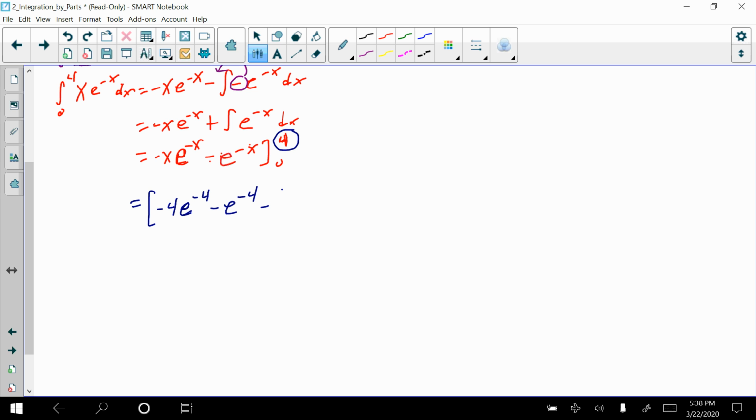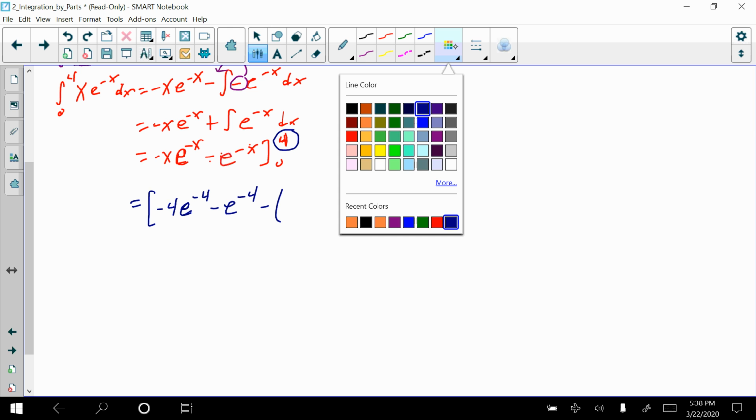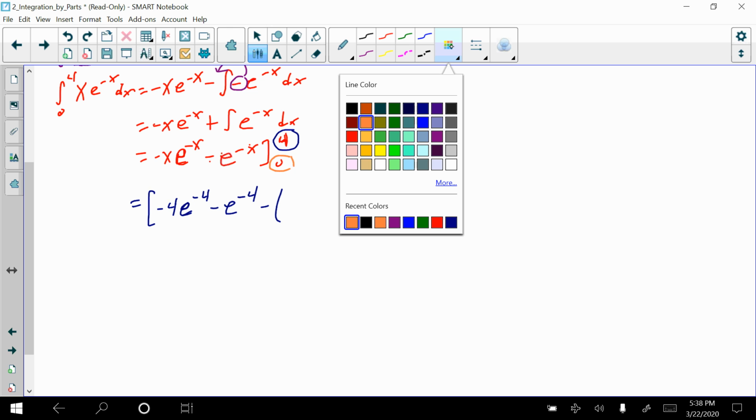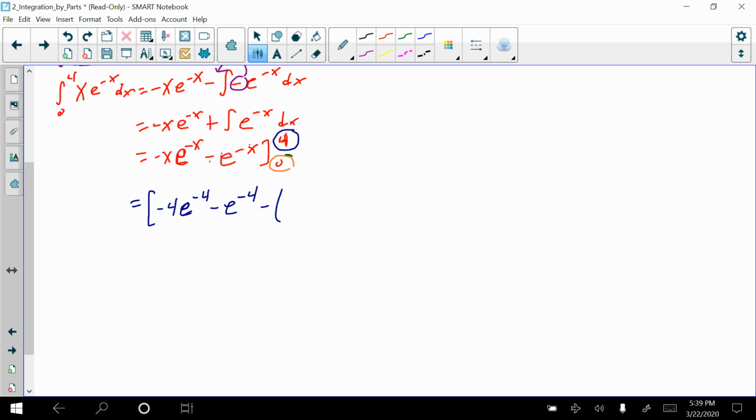And then we're going to subtract something else, and we want to keep this in parentheses when we do. So let's substitute the 0, in green. The negative on the 0 doesn't matter, so that's just 0 times e to the 0 power minus e to the 0 power.